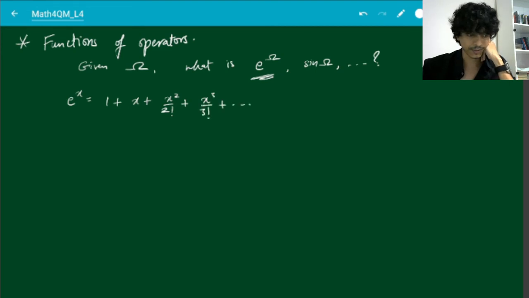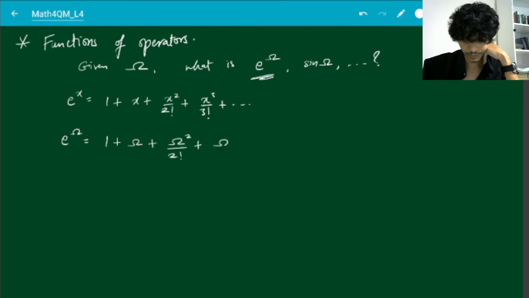This is the Taylor series expansion of this. So do the same thing for the operator as well. So 1 plus omega plus omega square by 2 factorial. Now this is not the easiest thing to calculate.